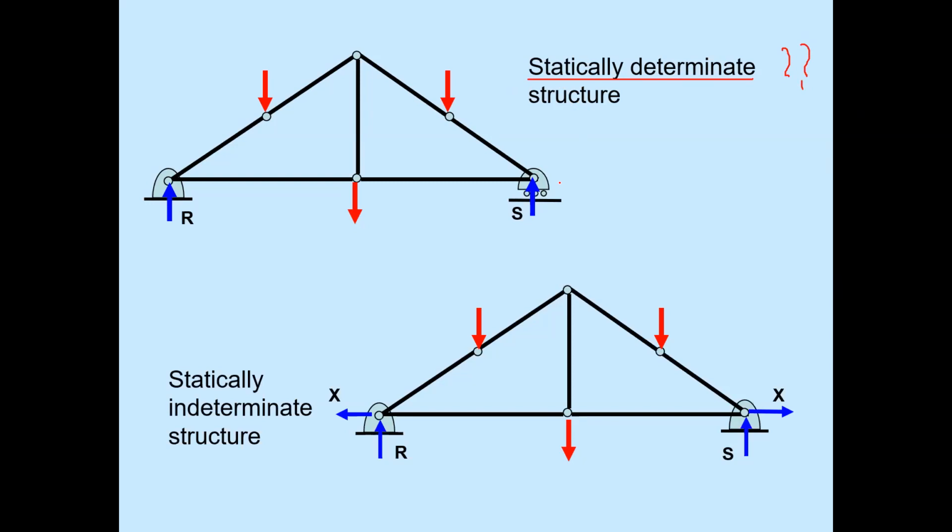What are the equations of equilibrium? I have already explained: sigma Fx is equal to 0, sigma Fy is equal to 0, and sigma Fz is equal to 0. If by using these three equations we can solve or analyze the structure, then the structure is known as a statically determinate structure. But if we can't solve the structure by just using sigma Fx equal to 0, sigma Fy equal to 0, and sigma Fz equal to 0, then the structure is known as a statically indeterminate structure.